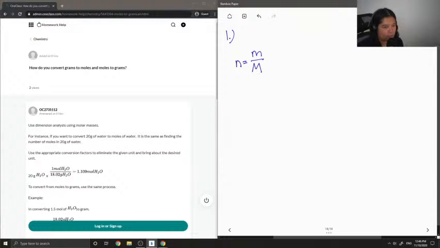I'll also add in their units as well. Number of moles is in moles, mass is in grams, and molar mass is the value that you would find on your periodic table. It's different for every element, and its unit is grams per mole.